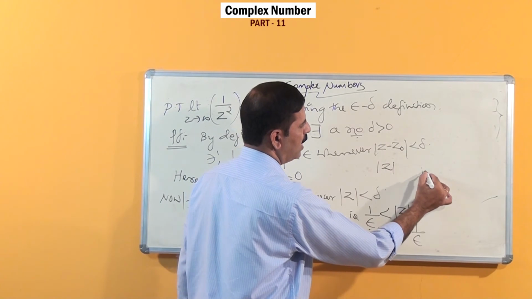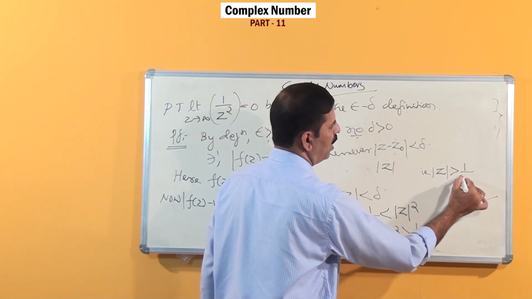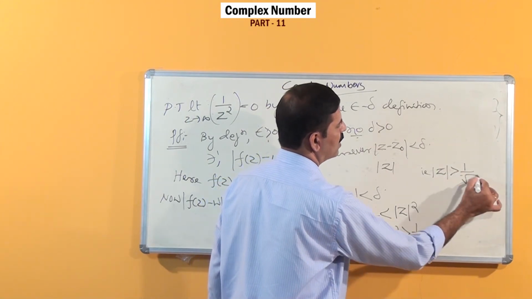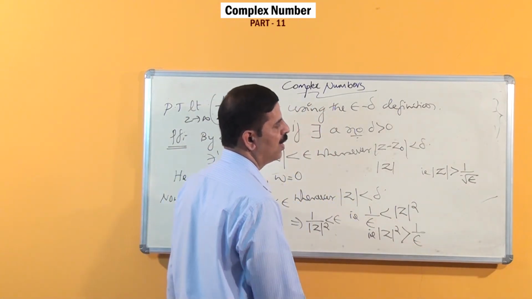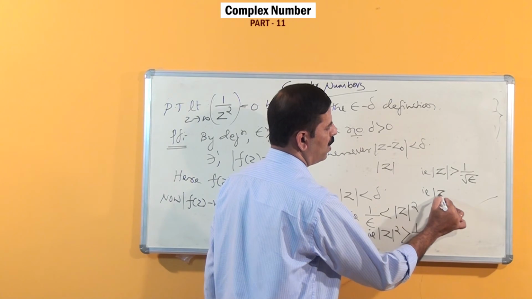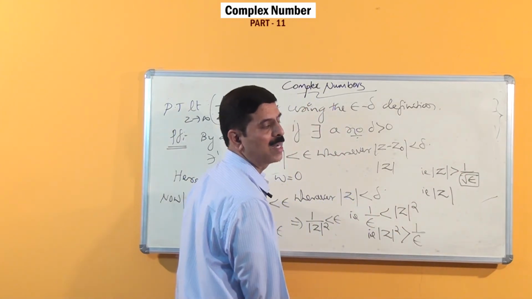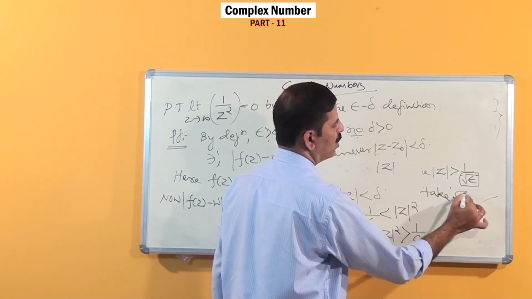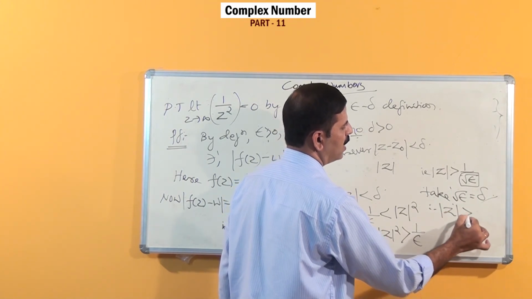So mod z is greater than 1 by root epsilon, as epsilon is always positive. Take root epsilon equal to delta. Therefore, mod z is greater than 1 by delta.